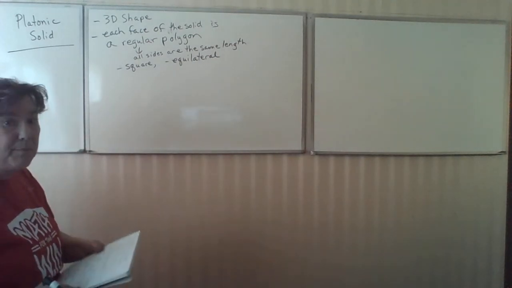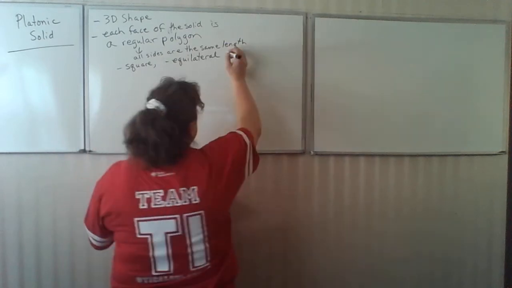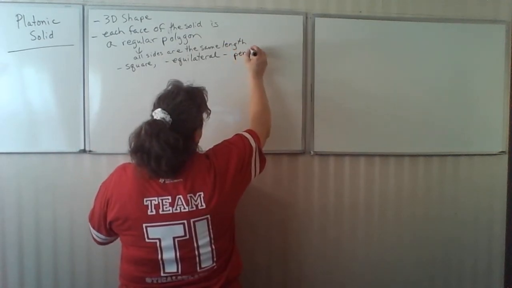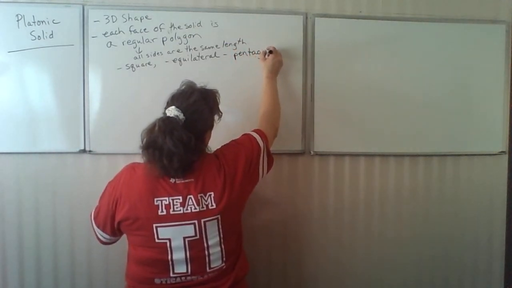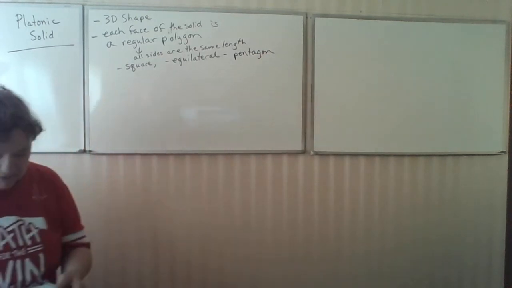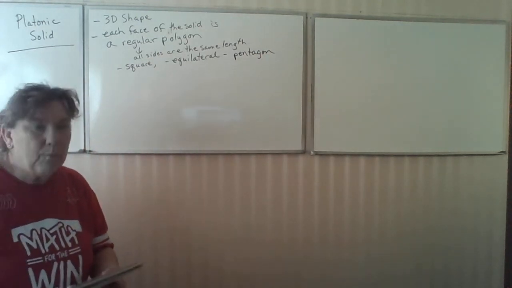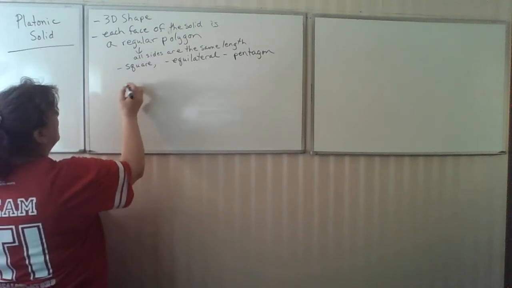There's one more shape that actually shows up, and it is a pentagon, a regular pentagon, which means all the sides are the same length. Okay, and what's the last thing that it requires?